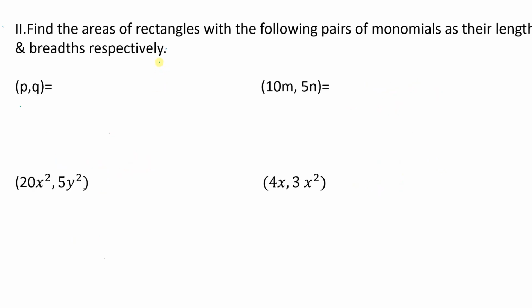Now let us proceed to the second main. Find the areas of rectangles with the following pairs of monomials as their length and breadth. So we know that area of the rectangle is length into breadth. Area of rectangle is equal to length into breadth.